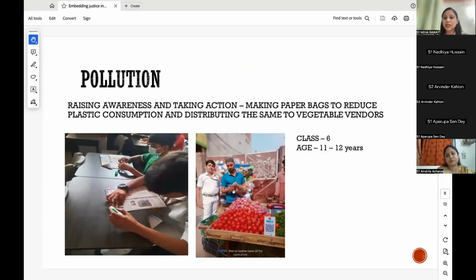As you can see in the second picture, the child has distributed a good number of bags to the vegetable vendor, and we are trying here to raise awareness and taking actions. So this is the sixth element of incorporating justice, wherein the child is now advocating and also taking an action to reduce the consumption of plastic and being more eco-friendly.